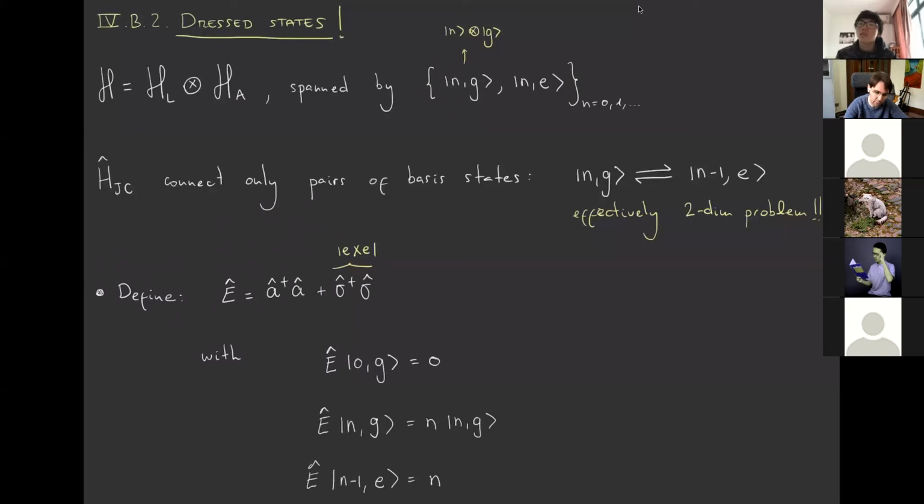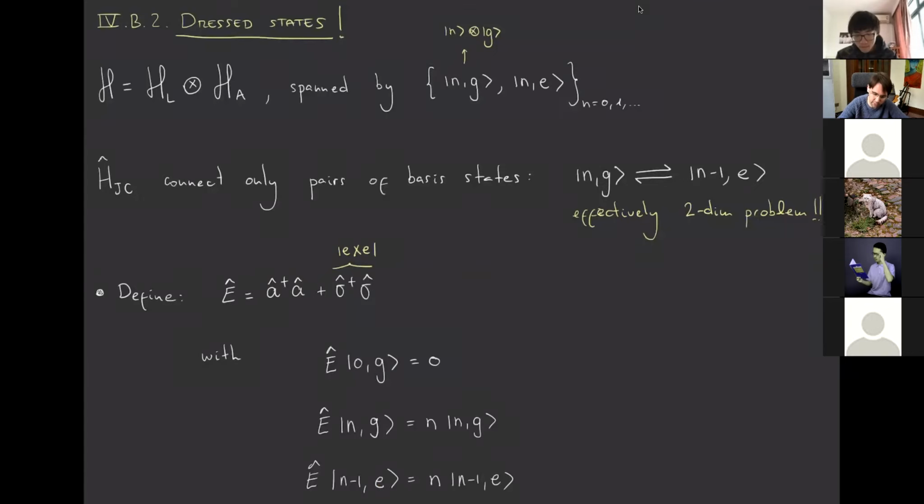Because you get n-1 from the number operator, and since you are in the excited state, you get a 1 from the excited state projector. So in total, you have n-1 plus 1, and therefore this is also an eigenstate.